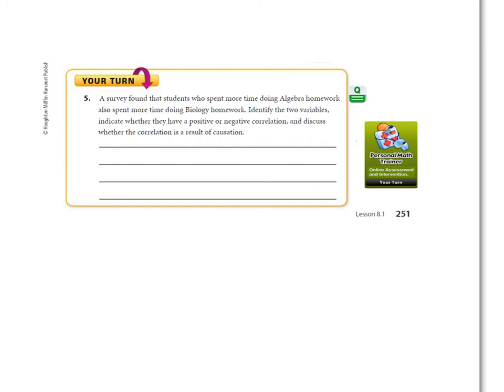Looking at the question they want you to answer, it says that a survey found that students who spent more time doing algebra homework also spent more time doing biology homework. And first they want us to identify the two variables, then indicate whether that's a positive or negative correlation, and then we'll be discussing whether or not that's a result of causation.